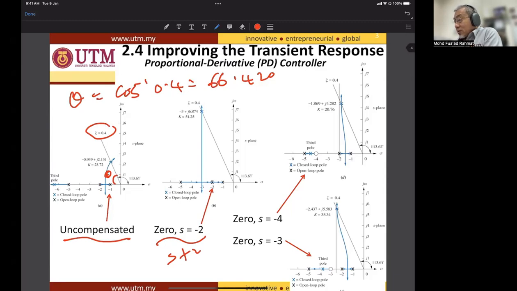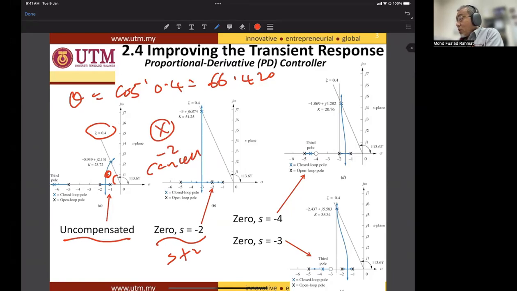So the zero at -2 is over here, beside -1, and overlaps the open loop pole at -2. You can see that the root locus now changes from curvy to a straight line because the open loop pole at -2 is cancelled out by the open loop zero at -2.